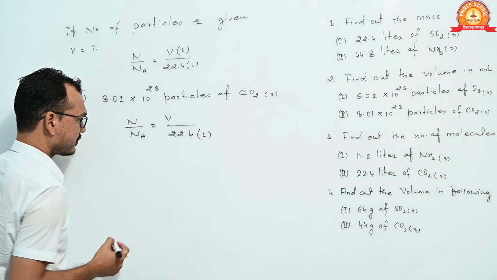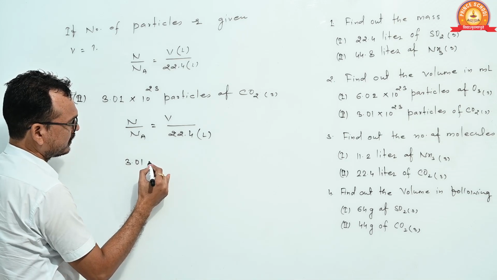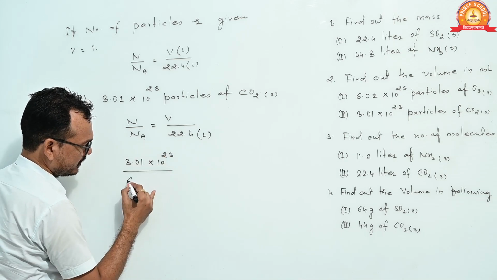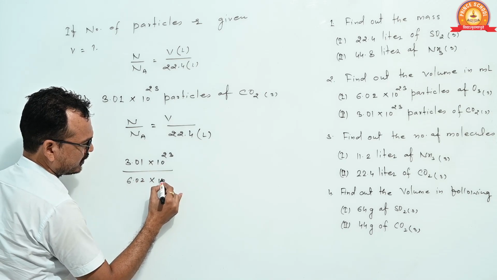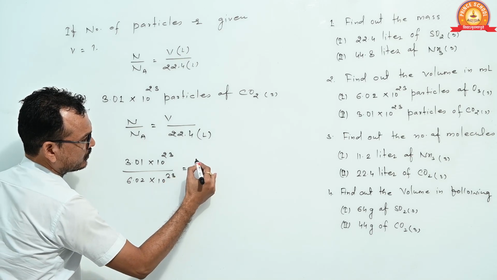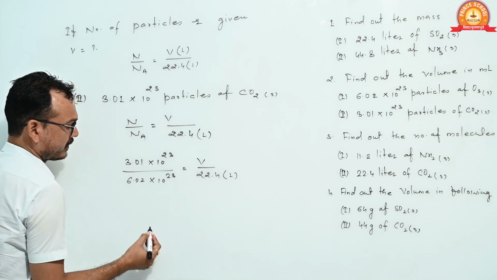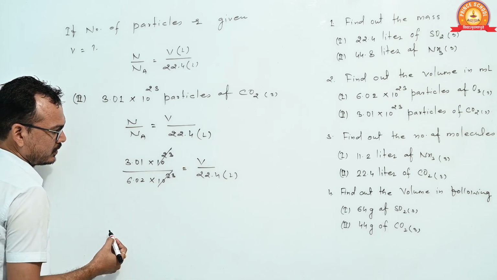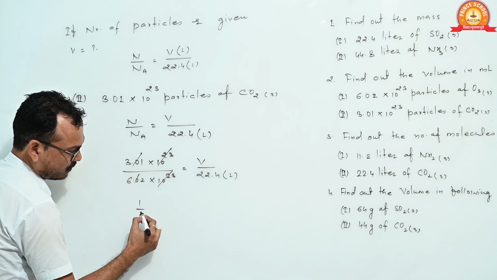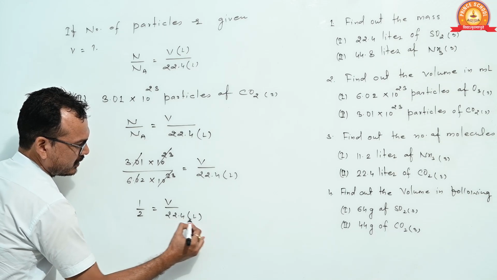The number of particles is 3.01 into 10 to power 23 divided by 6.02 into 10 to power 23 is equal to volume over 22.4 liter. This cancels out and gives 1/2, so 1/2 is equal to volume over 22.4 liter.